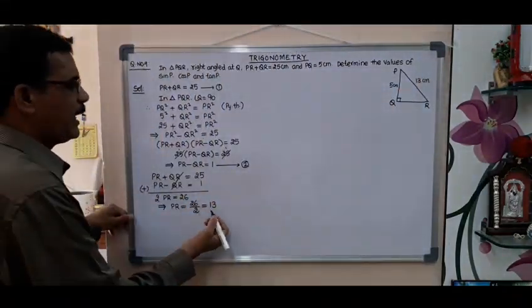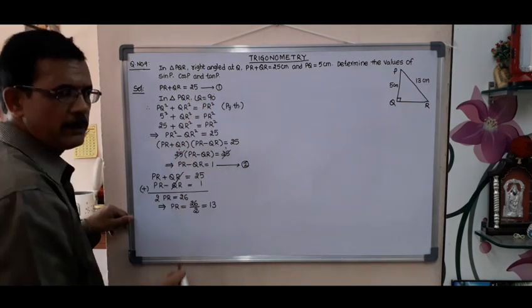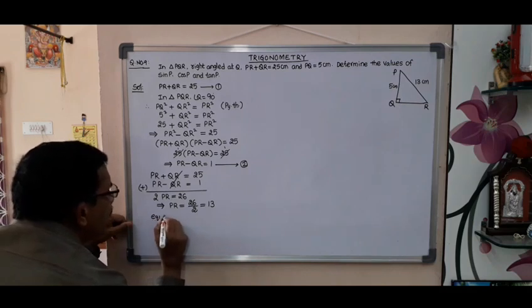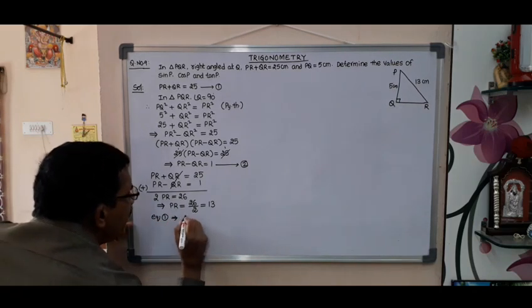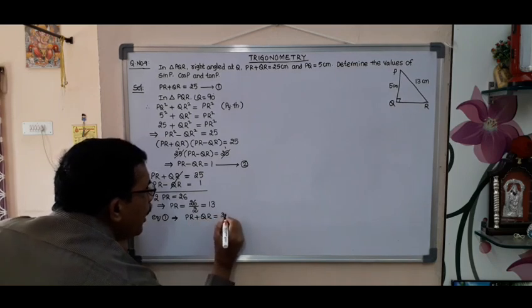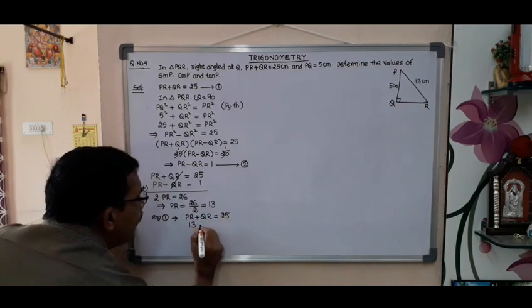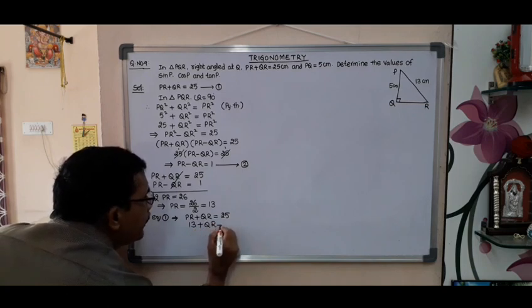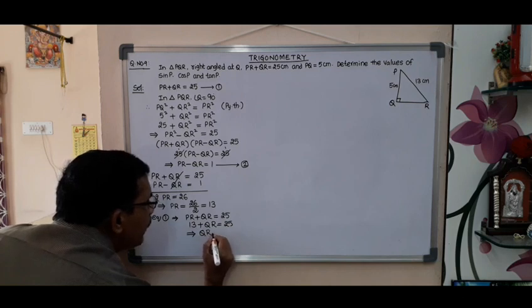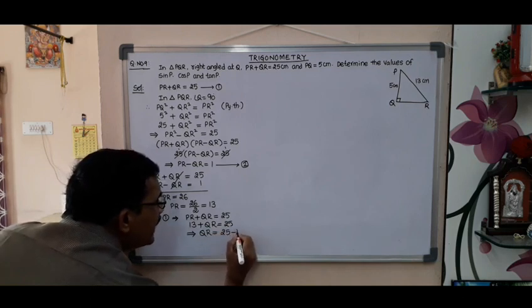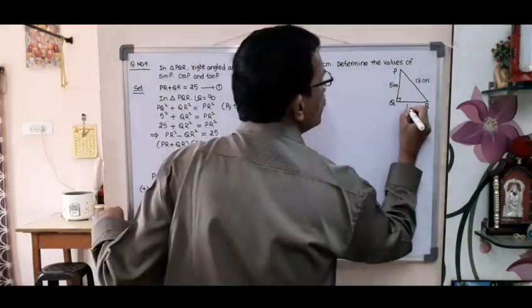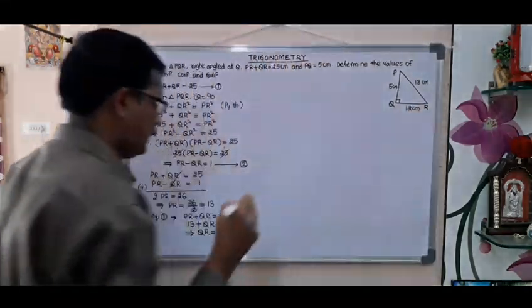Now let us write this PR value in equation 1 or in equation 2 to get QR value. I am writing it in equation 1. PR plus QR is equal to 25. 13 plus QR is equal to 25, implies QR is equal to 25 minus 13, that is equal to 12. So this is 12 centimeters.